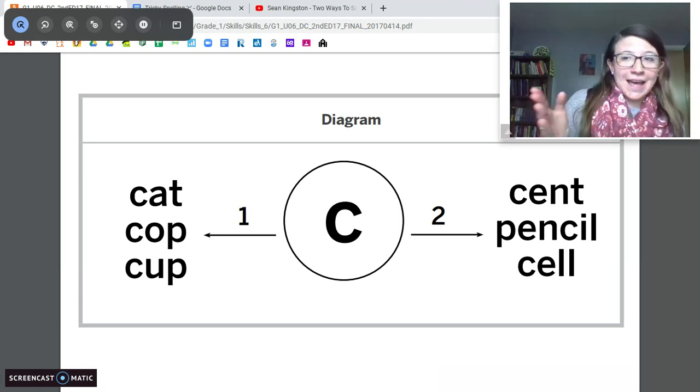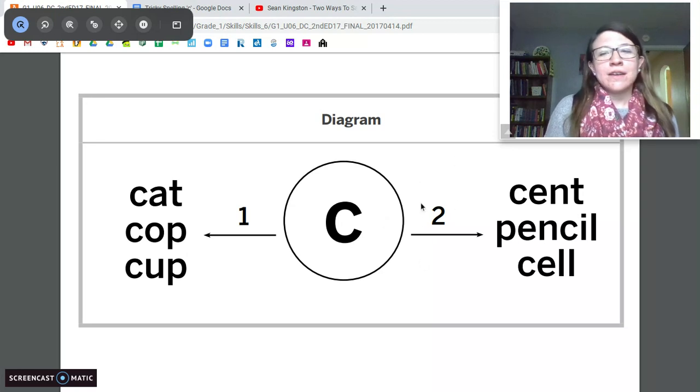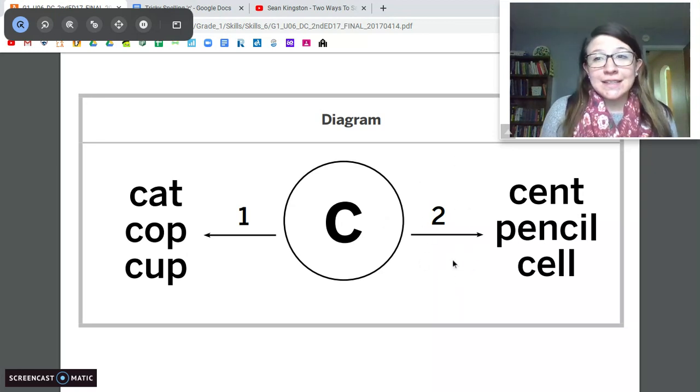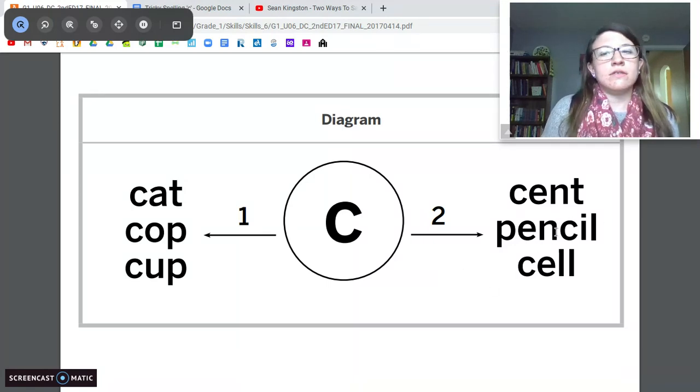So if we slide over to the 2 here, this is going to be our second sound for the letter C, which is the S sound that we learned about last time. So I have 3 words here where the C makes the S sound. These 3 words we worked on in our last lesson too. So let's read them together. We have scent, pencil, cell.